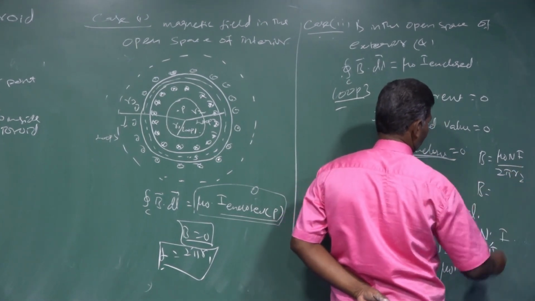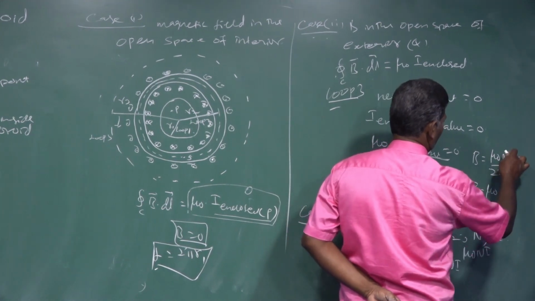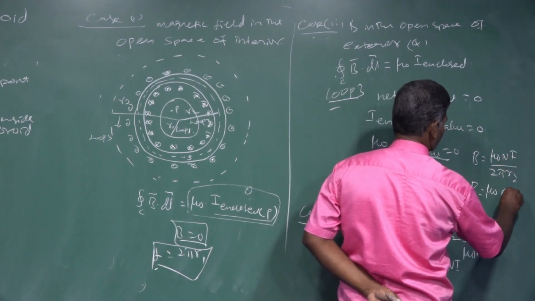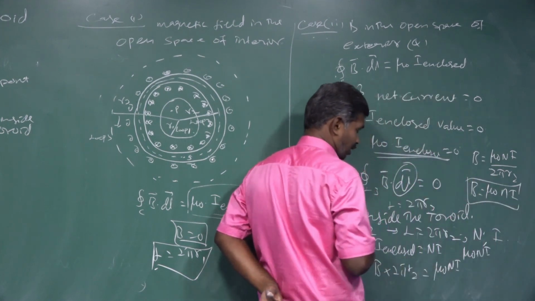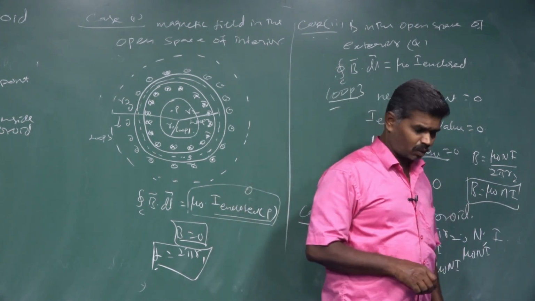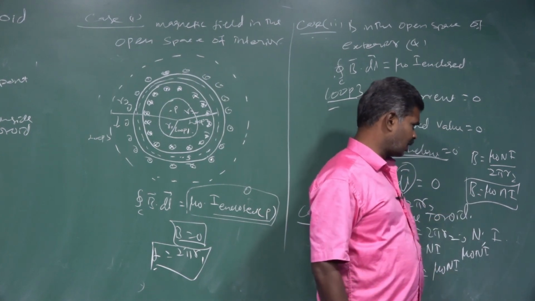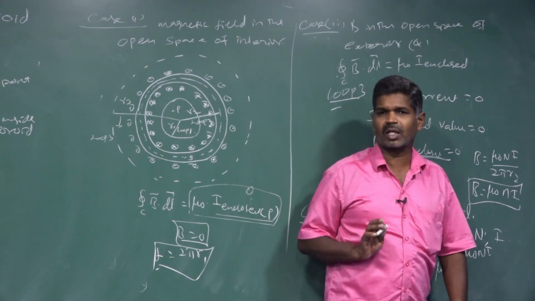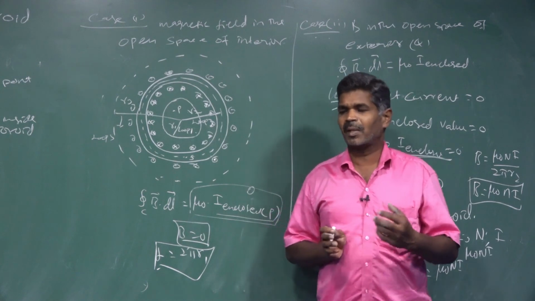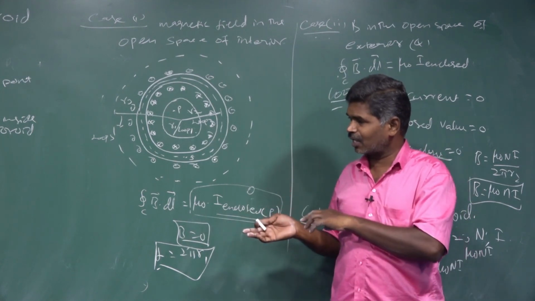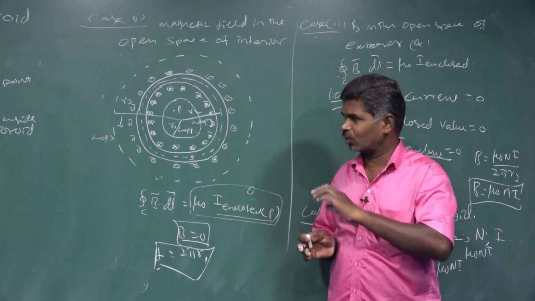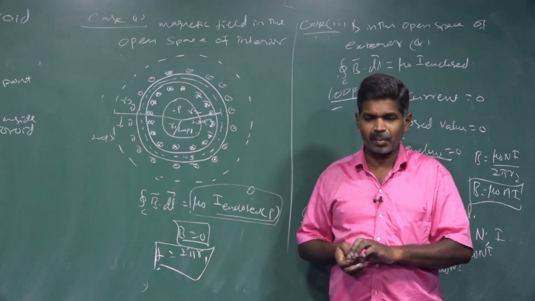Then N by 2 pi R2 can be taken as small n, so B is equal to mu naught n I. That is the magnetic induction inside the toroid. Outside the toroid, we do not have a magnetic field. So for the interior as well as the exterior, there is no magnetic field; only inside the toroid do we have a magnetic field.